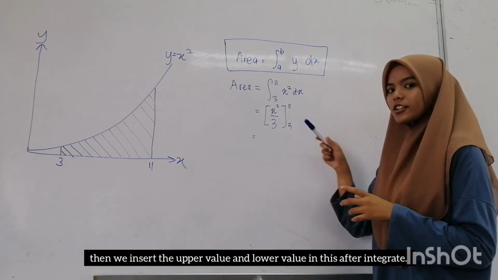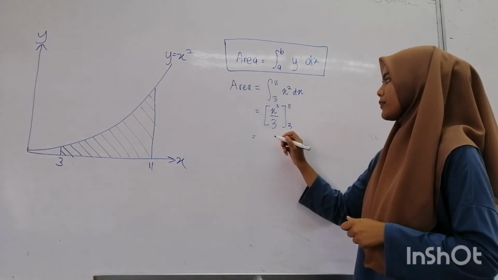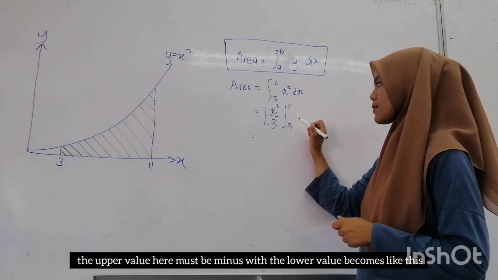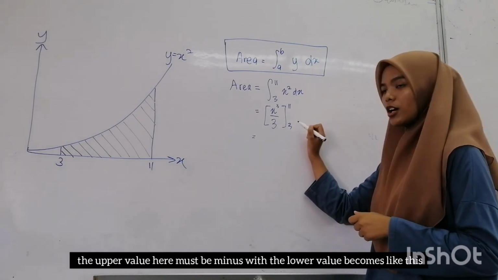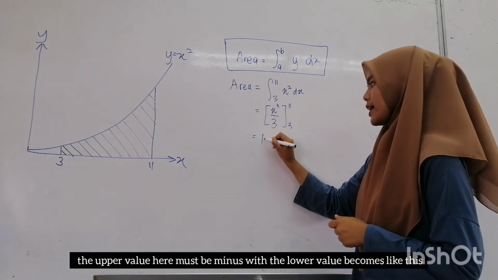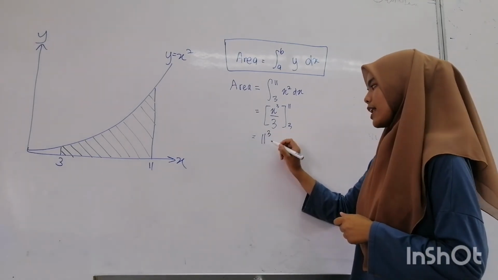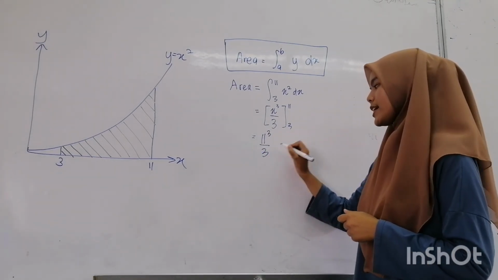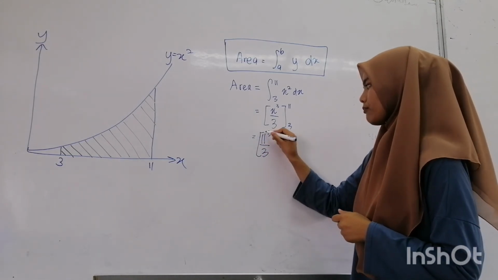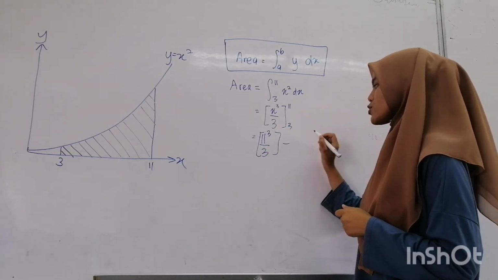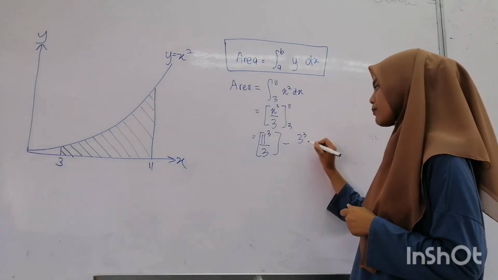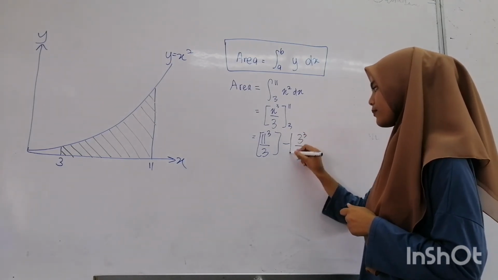After we integrate, the upper value must be minus the lower value, becomes like this: 11 cubed over 3 minus 3 cubed over 3.